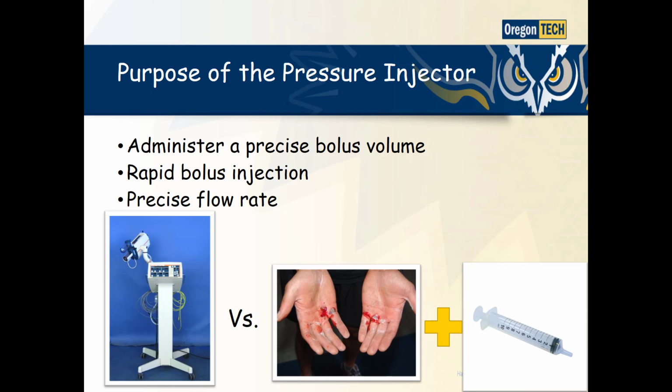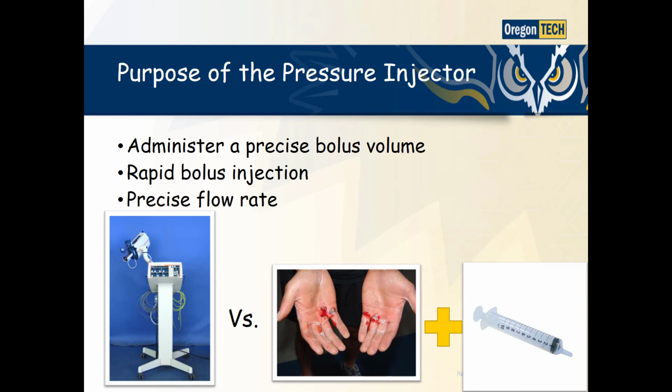It's for a rapid bolus injection. This is going to be used in the left ventricle, the aorta, the inferior vena cava, and we have to inject such a high volume at a high pressure that you cannot do it with your bare hands.